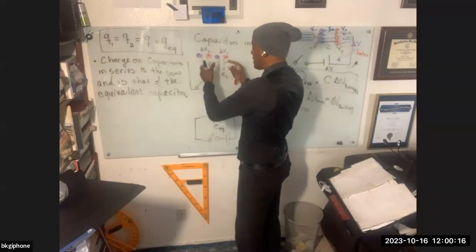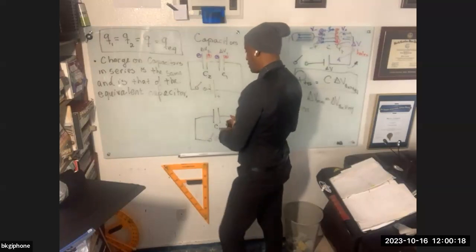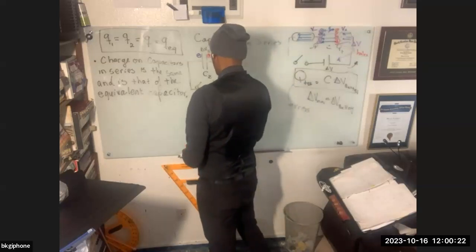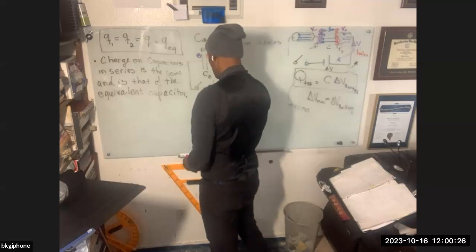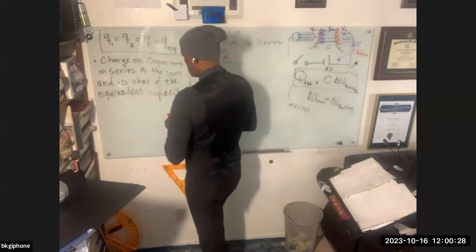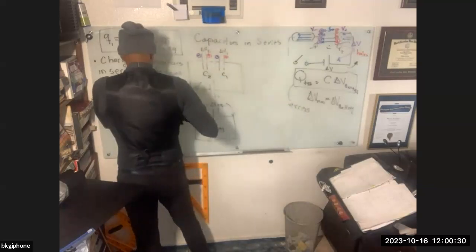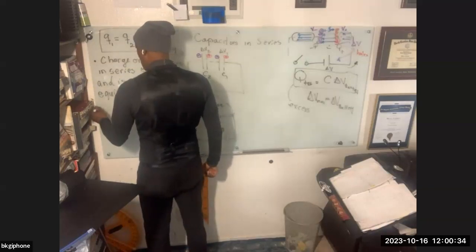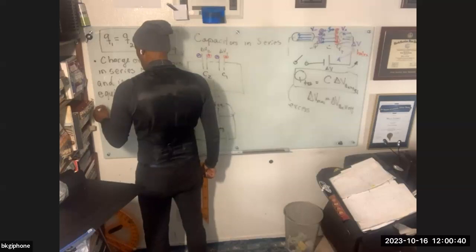So these voltages add, and they must be equal to the voltage across the equivalent capacitor, right? It's the delta V. So voltage on capacitors in series add to the equivalent voltage across the leg of the circuit.